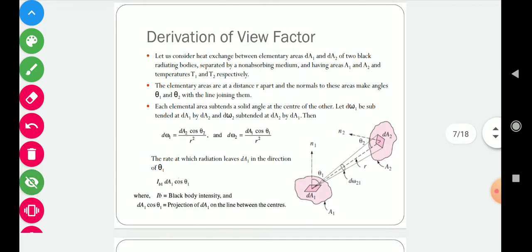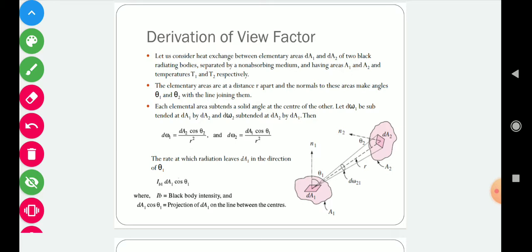Now let us assume you have two surfaces having areas A1 and A2. Between these two surfaces, there is exchange of radiative energy. For calculating the view factor, first of all assume elemental areas dA1 and dA2, and these surfaces are maintained at temperatures T1 and T2.